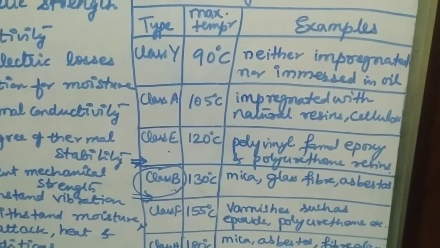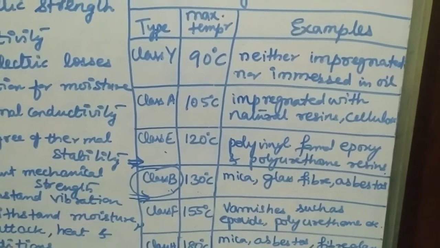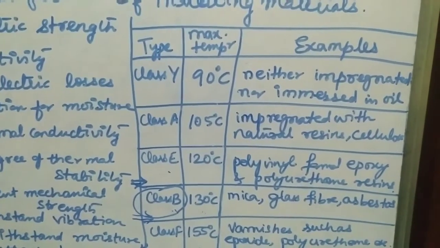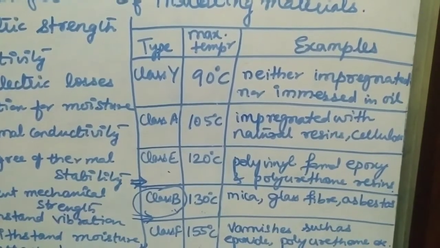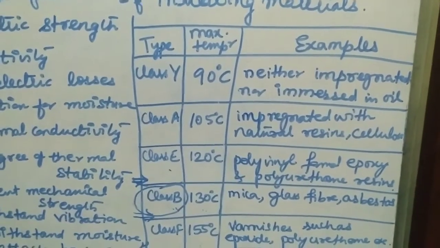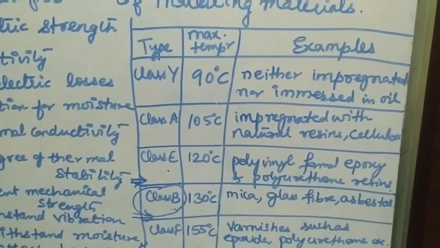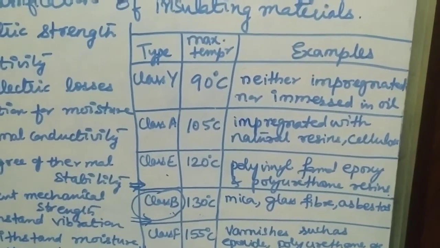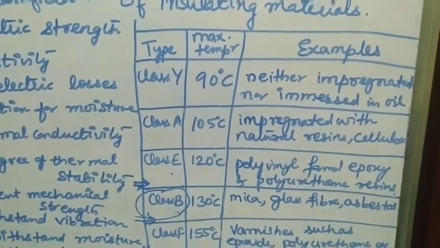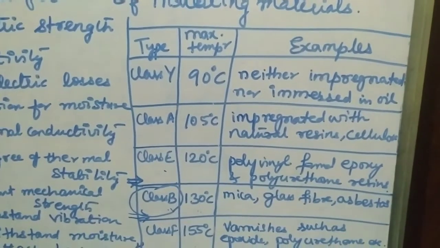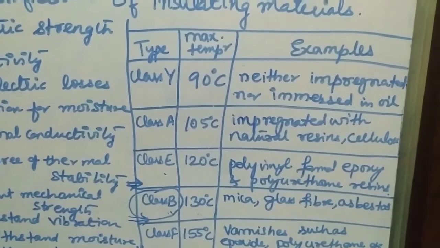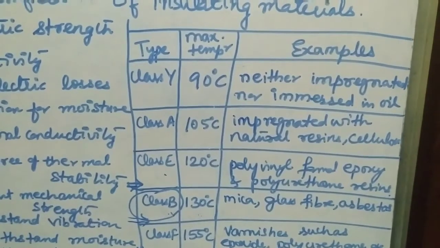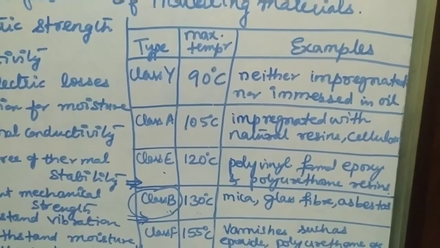The examples will be paper, cotton, silk, wood, cellulose and other similar organic materials which have been neither impregnated nor immersed in oil. So all these examples which I have mentioned will not be impregnated in any liquid materials. So these materials will have a tendency to absorb moisture and deteriorate rapidly.